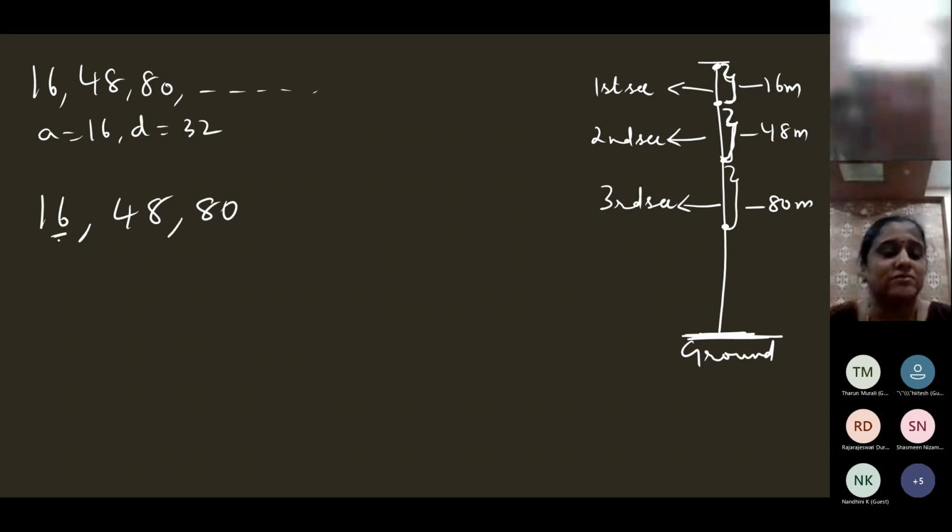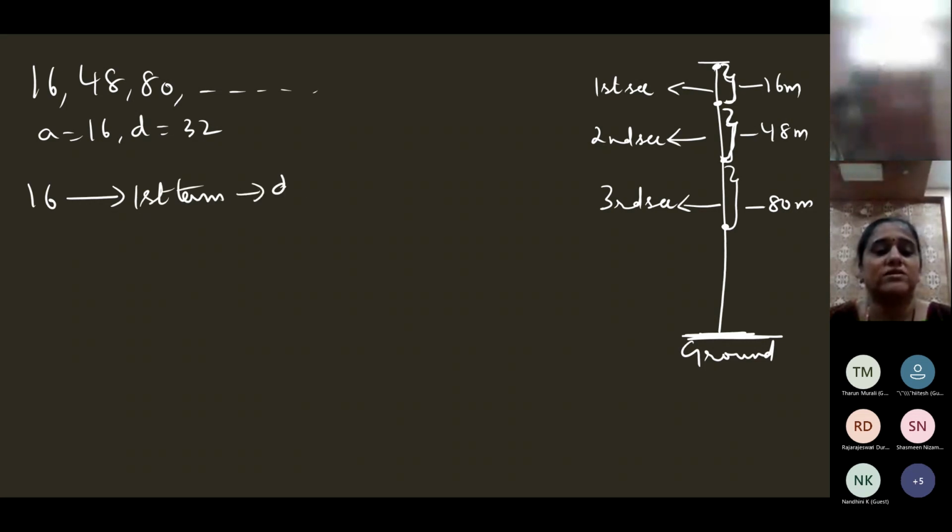Okay, let me write it here. The first term, 16, tells us the distance traveled in the first second. Then what does 48 tell you? 48 is the second term.